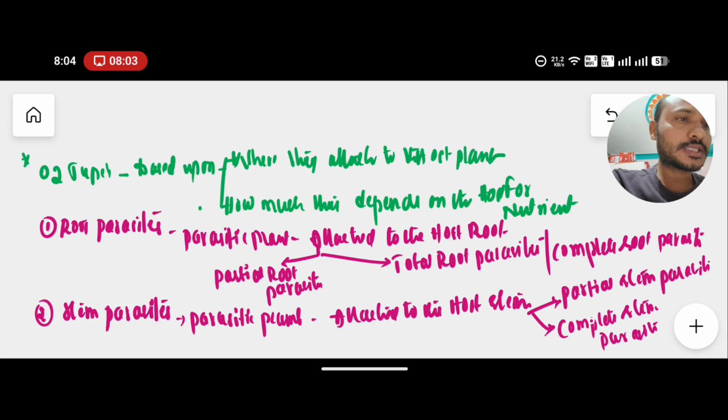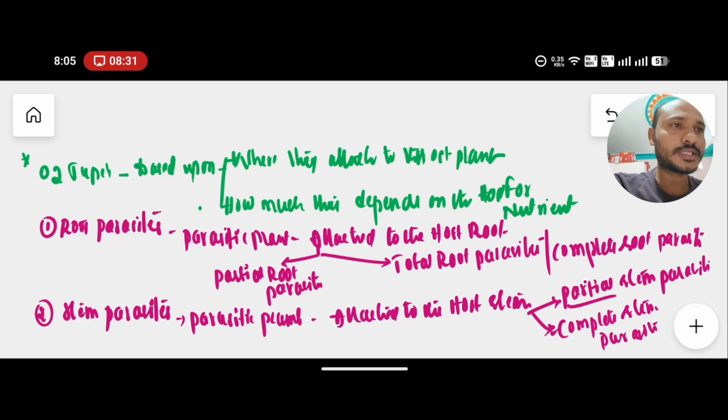This complete and partial distinction depends on how much they depend on the host for nutrients. If parasitic plants depend completely or entirely on the host, they are said to be complete. If they depend only partially on the host, they are said to be partial.